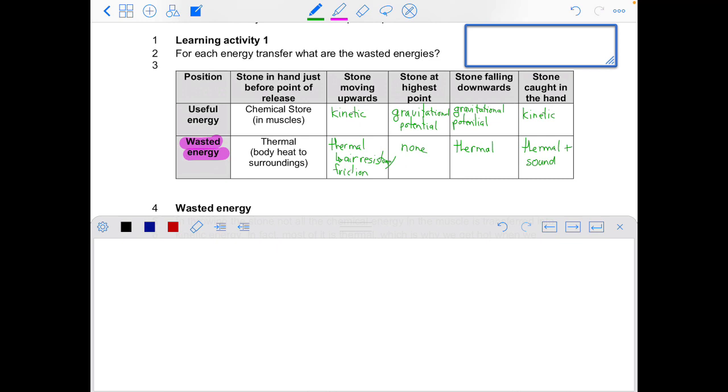And again, we have that thermal energy being wasted, and then once we catch the stone in the hand, it will make a sound once it hits your hand. So we have our thermal energy as well as our sound energy that is being created there.